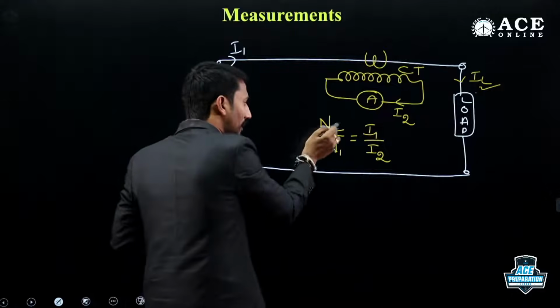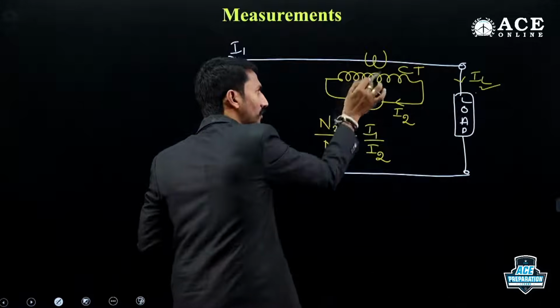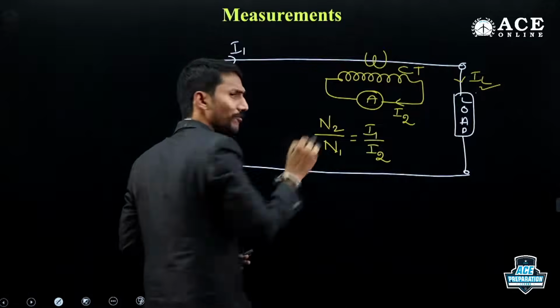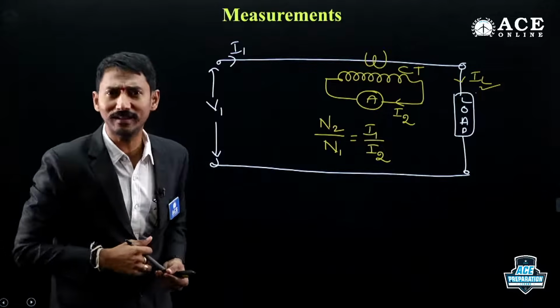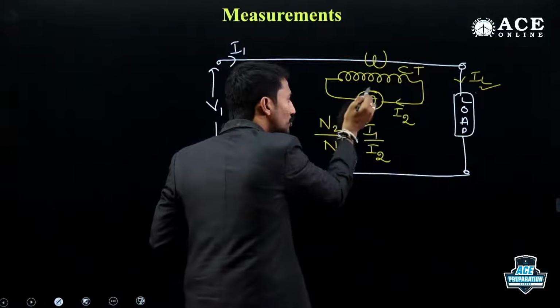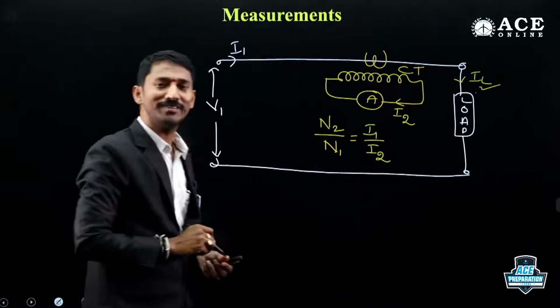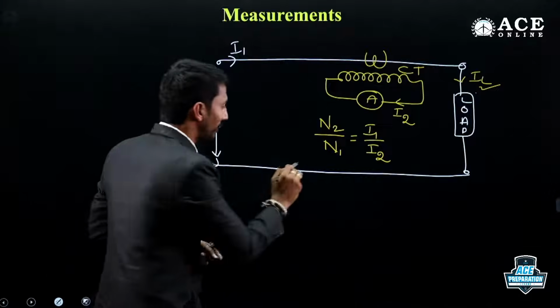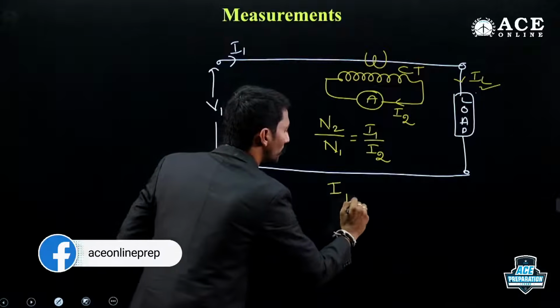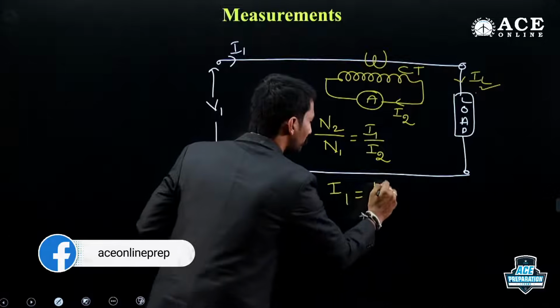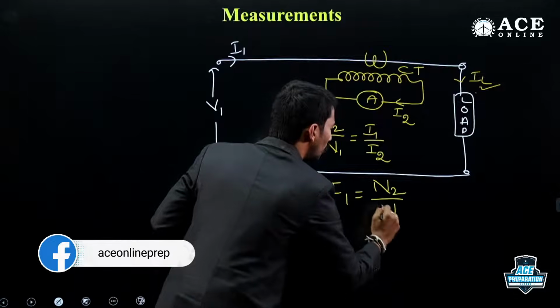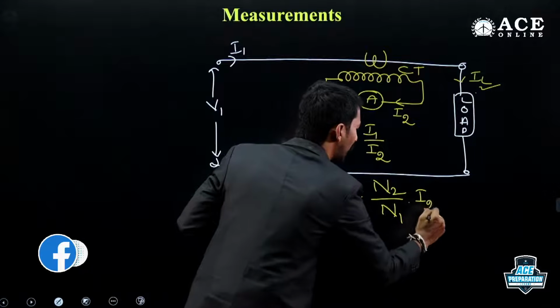From this, N2 and N1, the numbers of turns, will be given in the nameplate details. I2 will be shown by the ammeter, which is known. I1, therefore, we are going to calculate as N2 by N1 into I2.